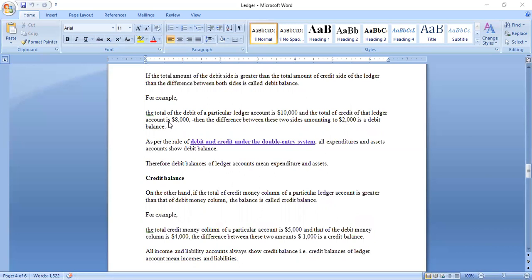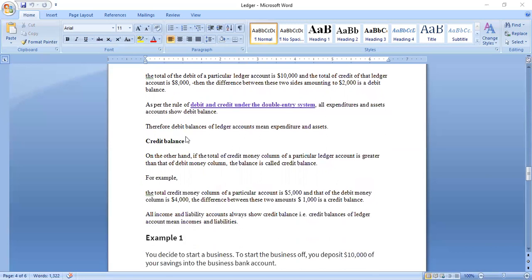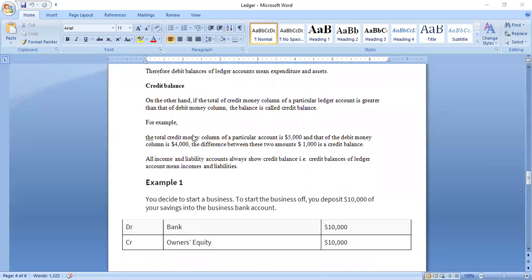Then the difference between these two sides, amounting to 2,000, is a debit balance. And how do we calculate the credit balance? On the other hand, if the total credit money column of the particular ledger account is greater than the debit money column, the balance is called a credit balance.